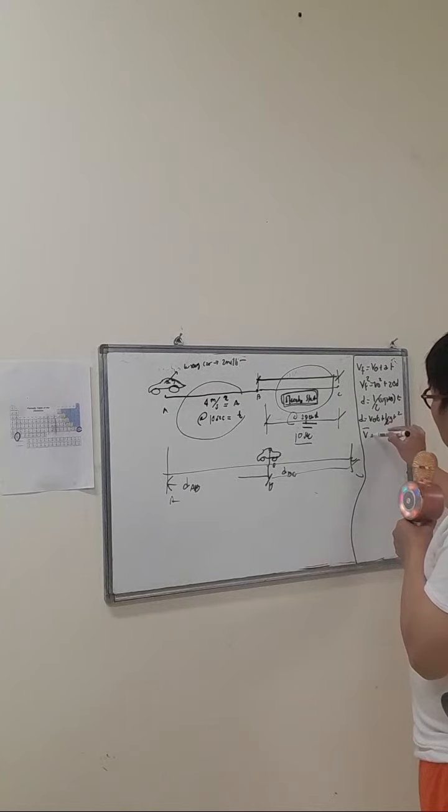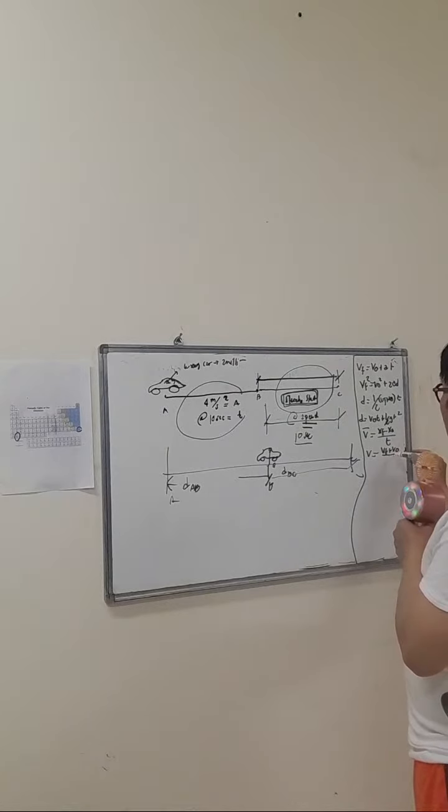Instantaneous velocity is equal to xf minus xo over the time. Average velocity is equal to (Vf plus Vo) divided by 2, right? So these are the equations to be used.